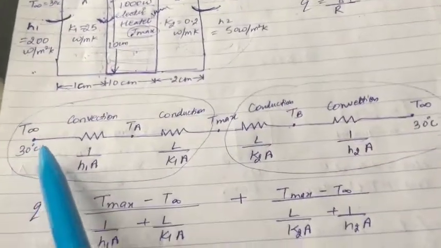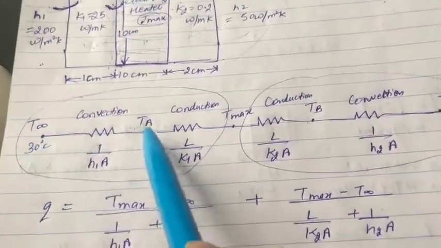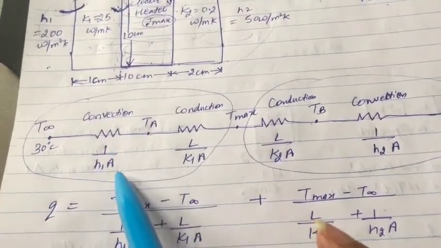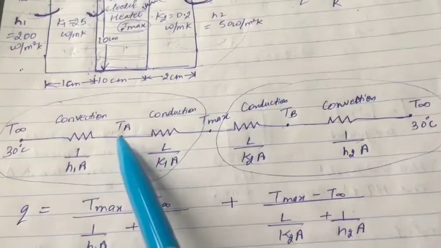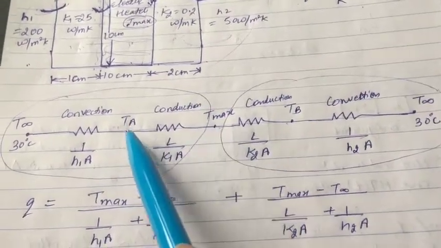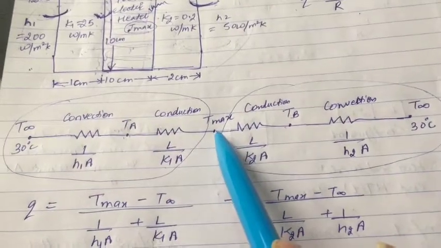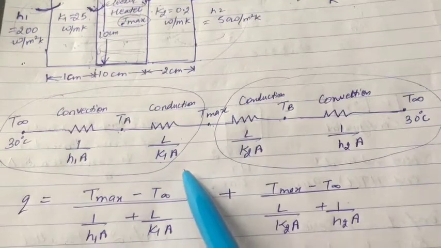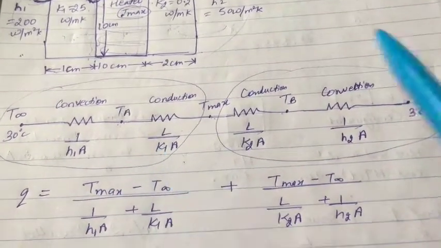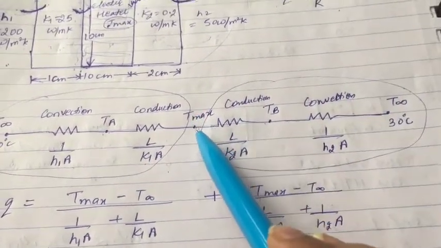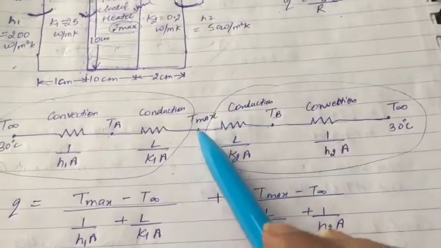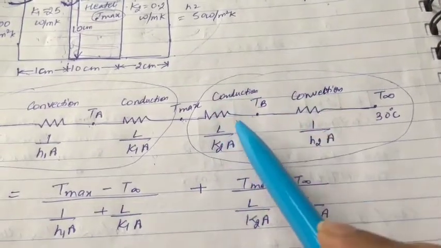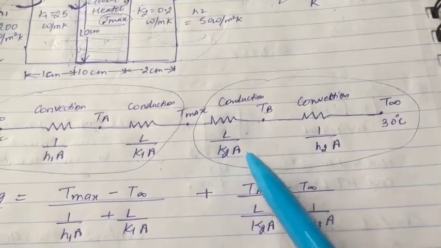So in this diagram, from T infinity to TA, convection, and resistance is given as 1 by H1A. Then from TA to T max, which is of the electric heater, conduction is taking place, with resistance L by K1A. Then from the electric heater to the B surface, again conduction is taking place, with resistance given as L by K2A.